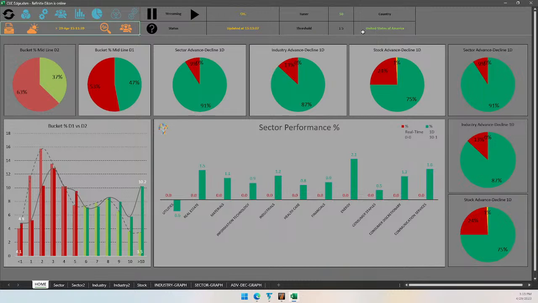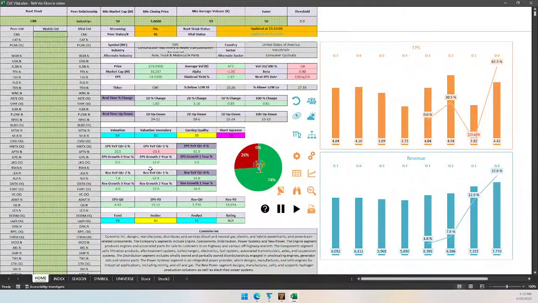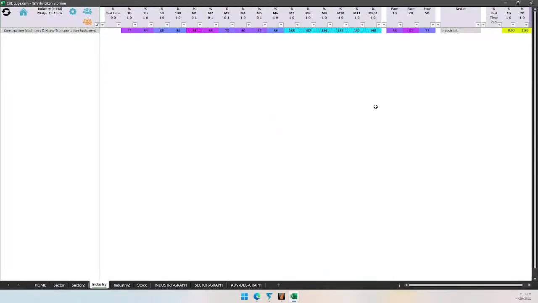Okay, the Q edge analysis is recalculated, just updated now, and I want to check the industry scorecard again for CMI, just to make sure that I was looking at the correct scorecard. Yes, I was looking at the correct scorecard, and Friday was a very bullish day across the board.